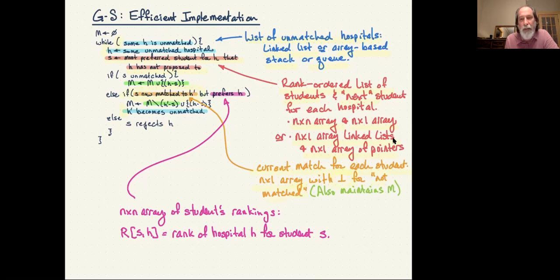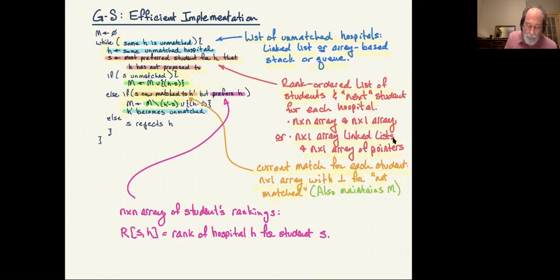We have a special value that indicates it's not matched. So this data structure also takes care of managing the matching, right? If we want to add an HS pair, then we store H in the array element for S. And if we want to remove a pair HS, we replace the H in the location for S with the bottom symbol.